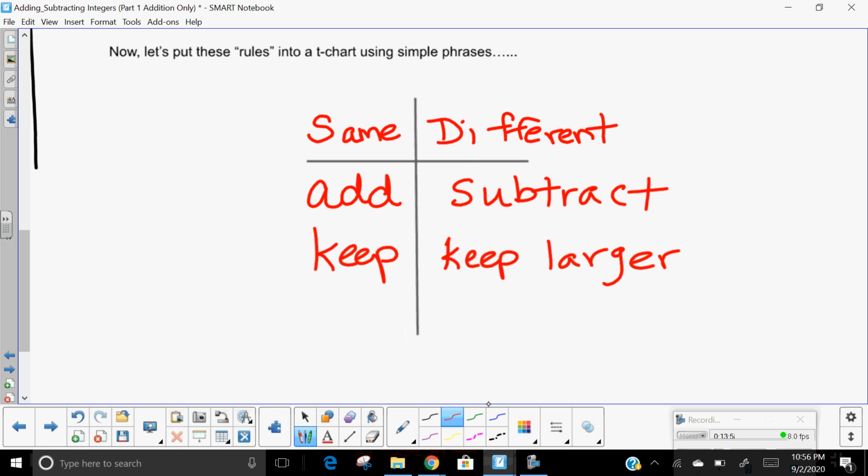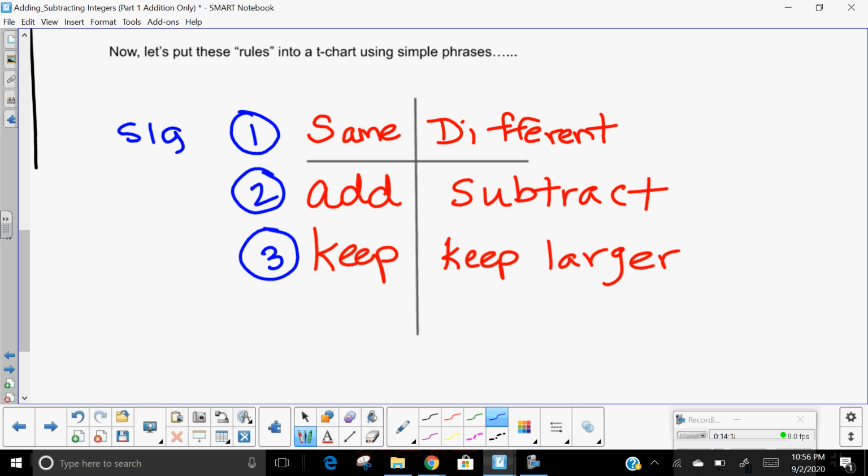Now what this is doing is breaking these problems up into 3 steps. This row is the 1st step, this row is the 2nd step, and this row is the 3rd step. So this row right here in my T-table tells me what kind of signs I have. Are they both positive? Are they both negative? Or are they positive and negative or negative and positive? So are the signs the same or are they different?